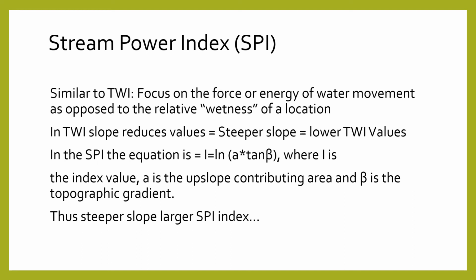And so as slope increases, the power of the erosive force, the strength, if you will, of the stream increases. If the upslope contributing area gets larger, the volume of water, the erosive force, the power of the stream increases. So instead of dividing by slope, we simply multiply.